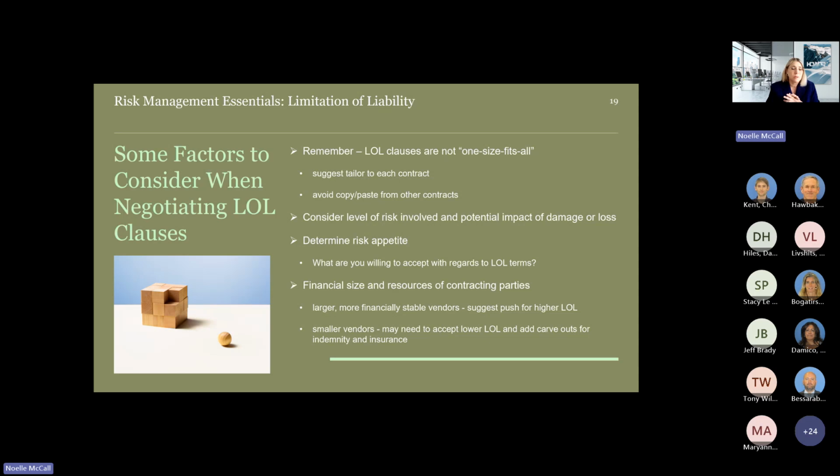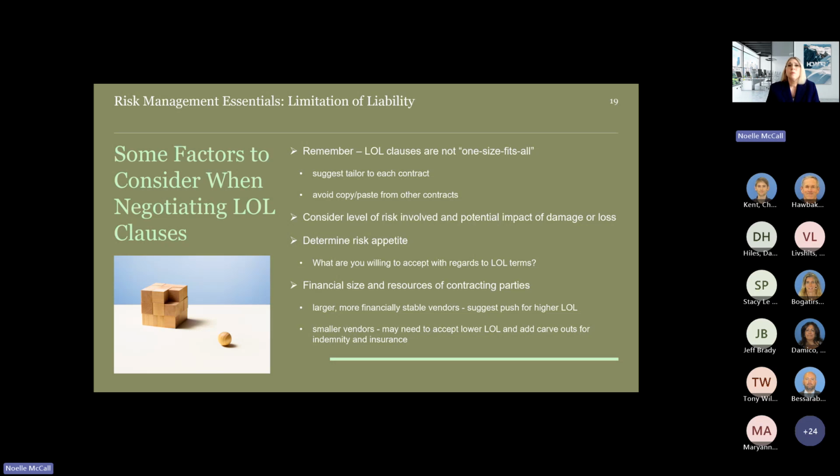You do want to consider the level of risk involved and the potential impact of damage or loss if that could happen. Also, think about your risk appetite as a public entity. What are you willing to accept with regards to LOL terms? Think also about the financial size and resources of the contracting party.